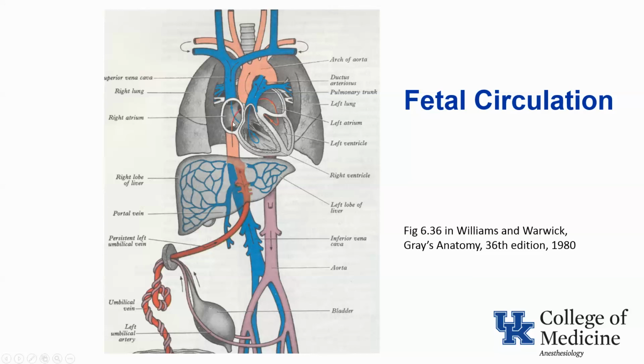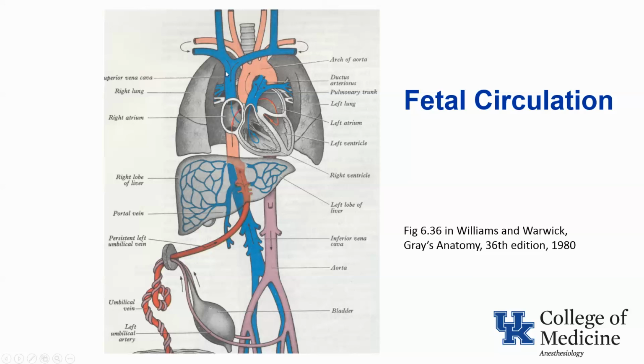The blood then comes up and goes across the interatrial septum into the left atrium, and then into the left ventricle. It pumps out of the left ventricle, but predominantly then goes to the descending aorta.